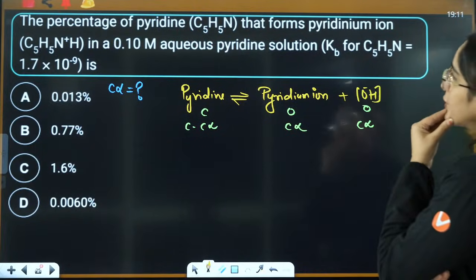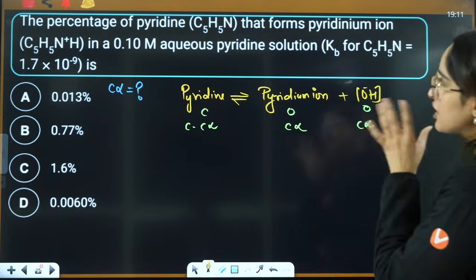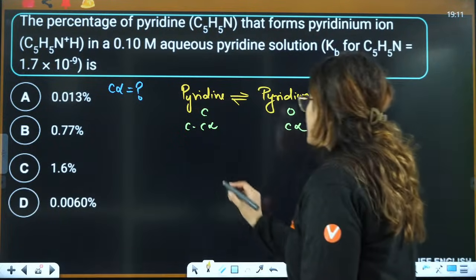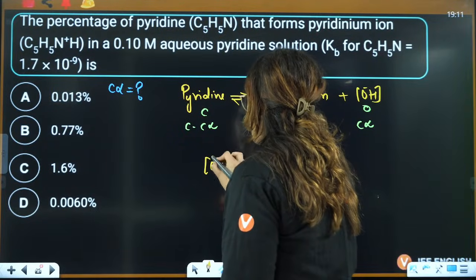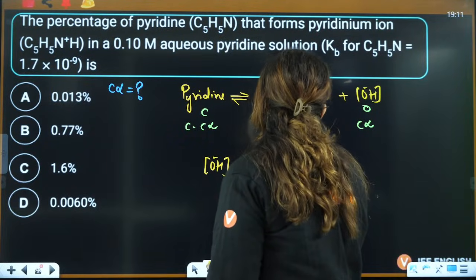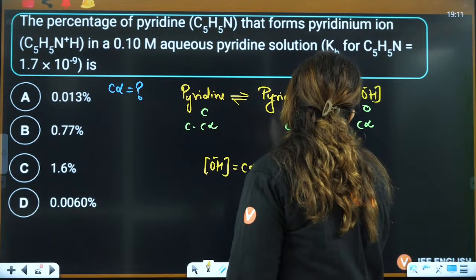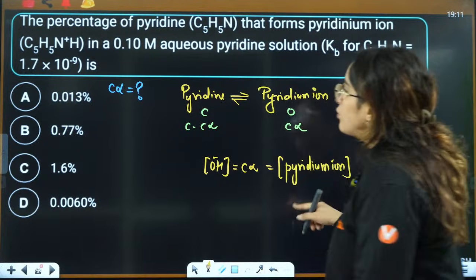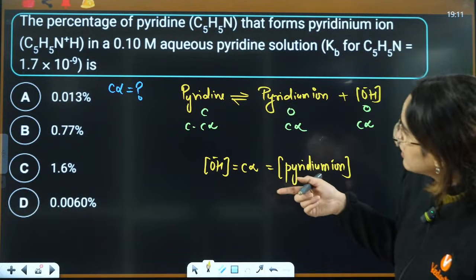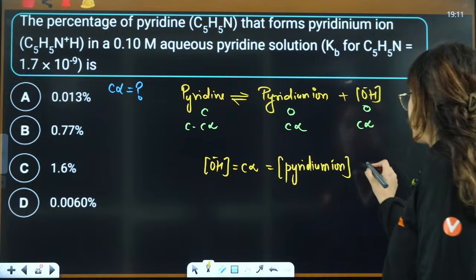Kb is given to you, right? And initial concentration is given to you. If you remember, OH negative concentration is equal to C alpha, which is the concentration of pyridinium ion, and this is the amount of pyridine that is being converted, right?